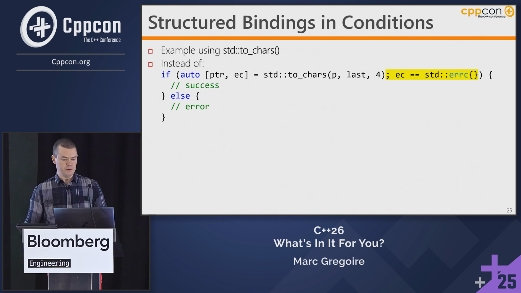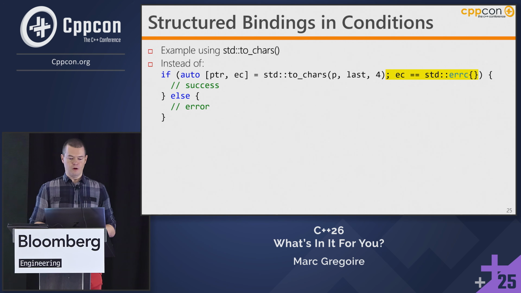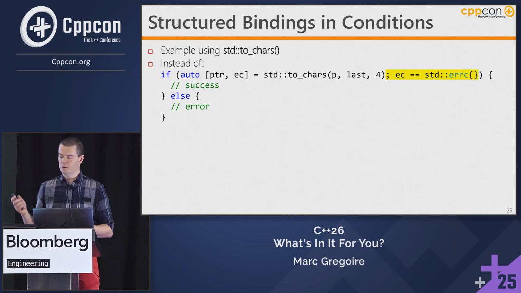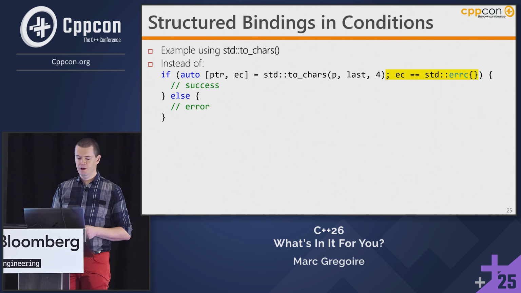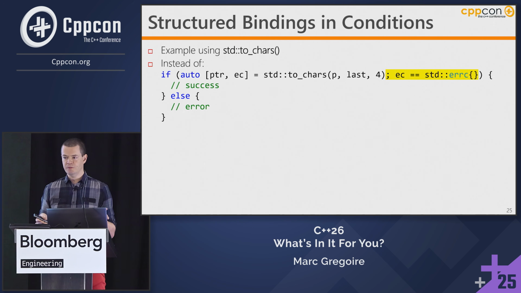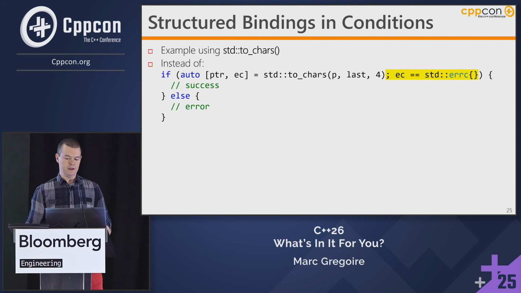Another example of its use is if you use the std::to_chars function of the standard library. Often you will write code like this, where you call to_chars and then you decompose it into a pointer and an error code in the initializer of your if statement, and then in the condition, you check if the error code is an actual error or if everything was fine.